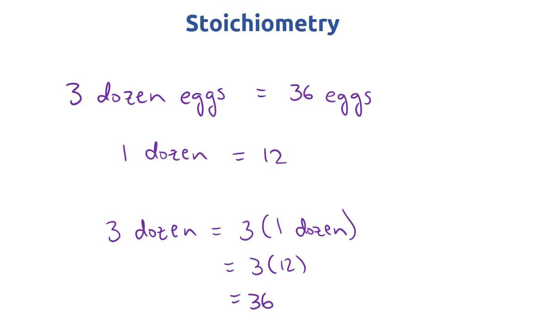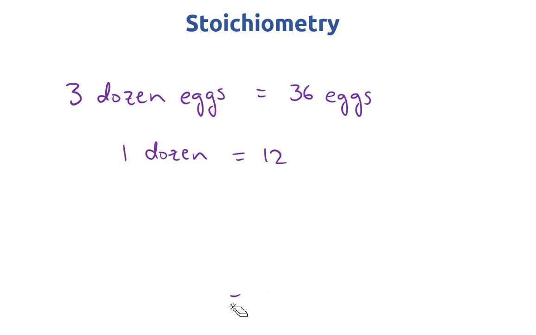So if a dozen is 12, let's learn what a mole is. 1 mole is 6.02 times 10 to the 23. So we use it the exact same way we would say a dozen, except to mean a much larger quantity of objects.